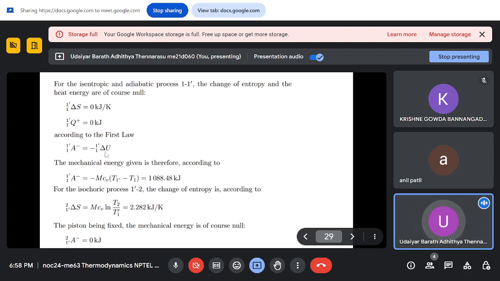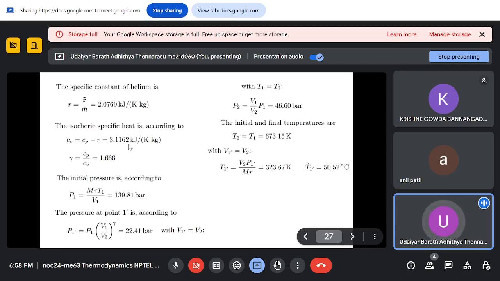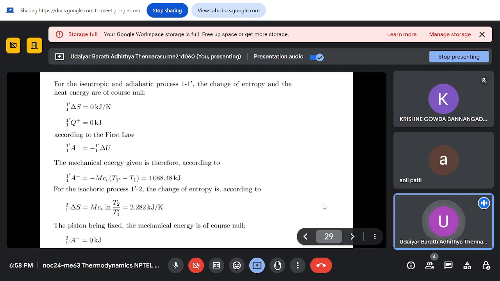The change in internal energy can be found using MCV delta T, so MCV into T1 dash minus T1, which gives 1088.48 kilojoule. CV we have already found as 3.1162, and we have also found the temperatures. Substituting that, we can find the work generated.